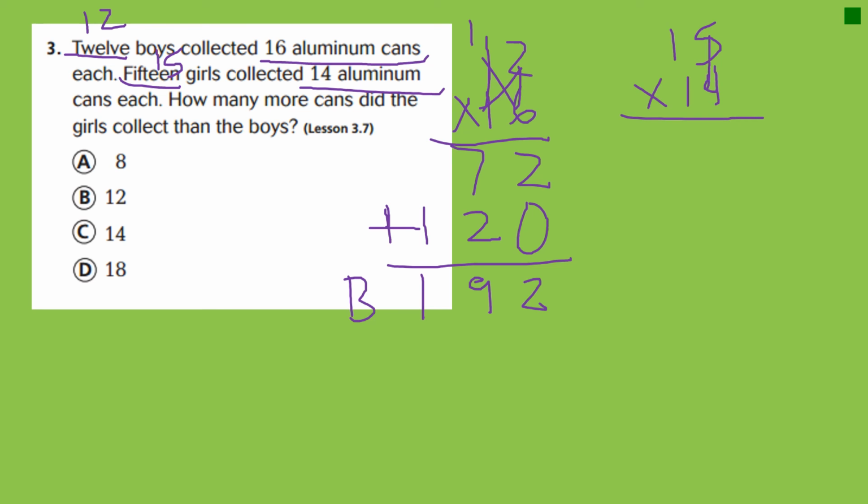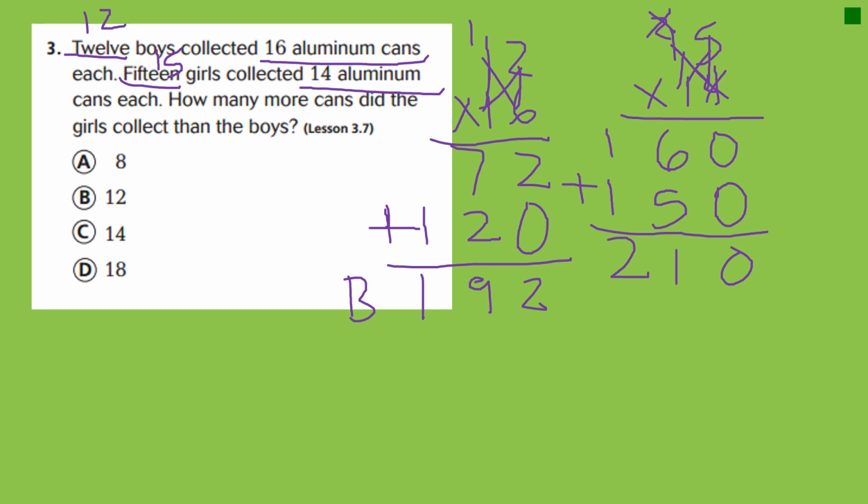Okay, 4 times 5 is 20. 4 times 1 is 4 plus 2 is 6. Done with the zeros, right? 1 times 5 is 5. 1 times 1 is 1. 0, 11, right? So that's the girls.